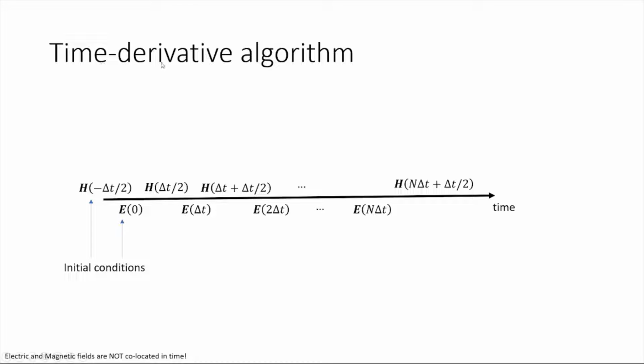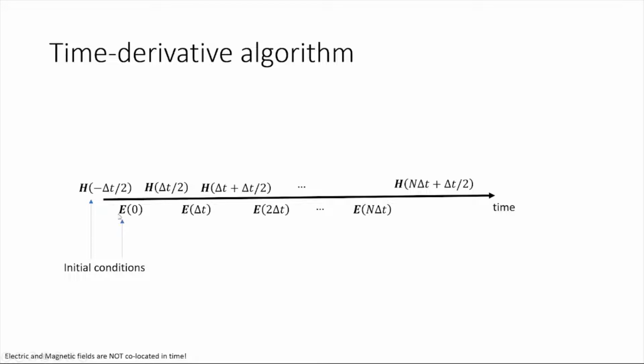So we can actually plot out the time derivative algorithm here. So we have our initial conditions, h at negative delta t over 2 and E at 0. So we assume we know these values. Just a small hint here: these are typically just 0. In any sort of FDTD code, we usually set these values to just be 0 initially.